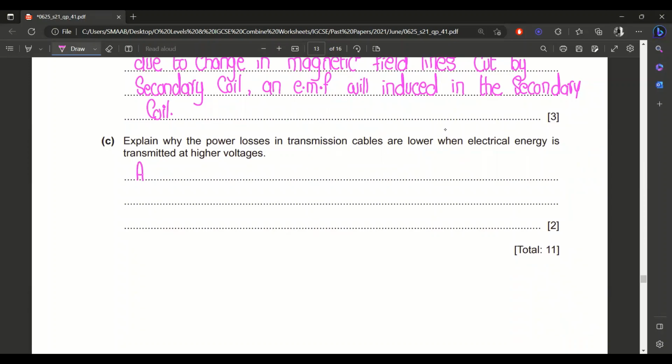So at high voltage, the value of current is low.